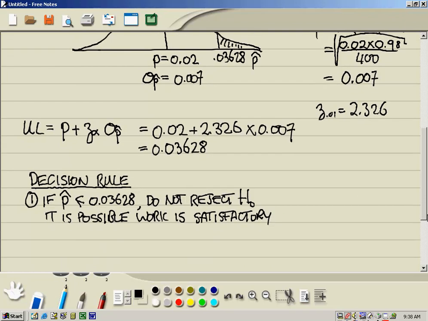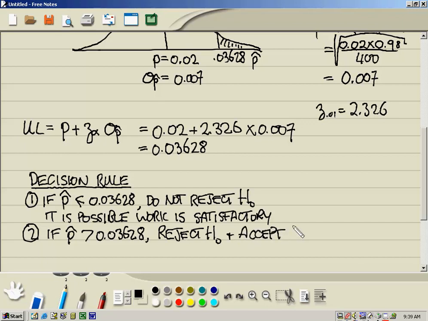And then for the rejection region, if p hat is greater than that value, 0.03628, then sufficiently far enough above the 2% so we can reject the null and accept the alternate. And for the interpretation, it is likely the work is not satisfactory.